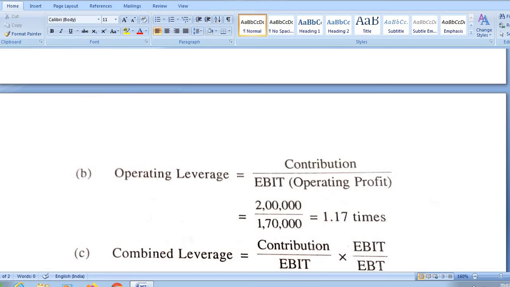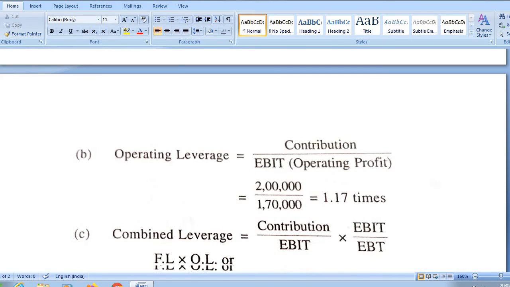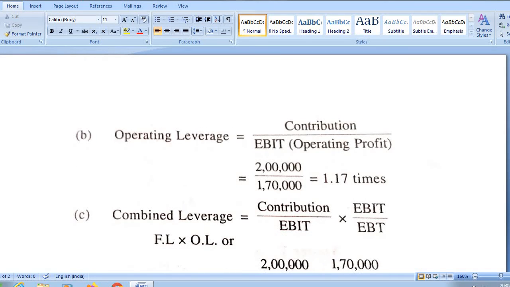Then the combined leverage. Combined leverage can be calculated by using two different formulas. The easiest one is FL into OL. Just go for this. FL stands for financial leverage and OL stands for operating leverage.